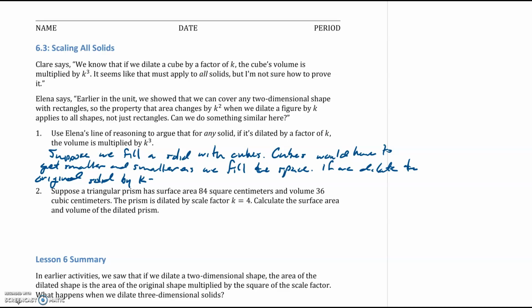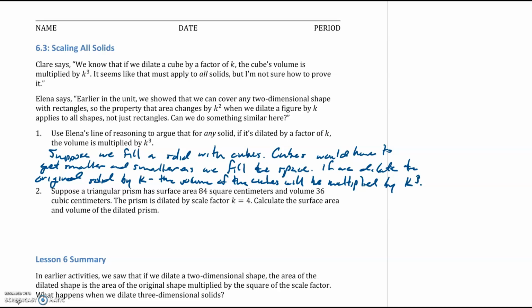So the cube's sides will each be multiplied by k, which means the volume of the cubes will be multiplied by k cubed, by the scale factor cubed.